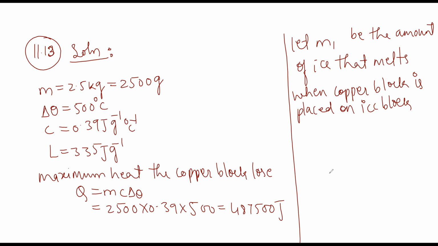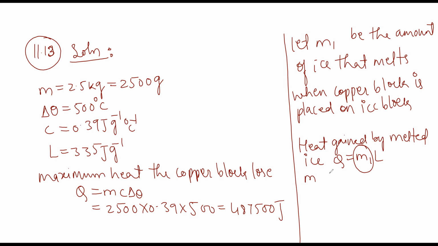Then what happens? Heat is gained. The heat gained by the melted ice is given by the formula Q is equal to M1 into L.